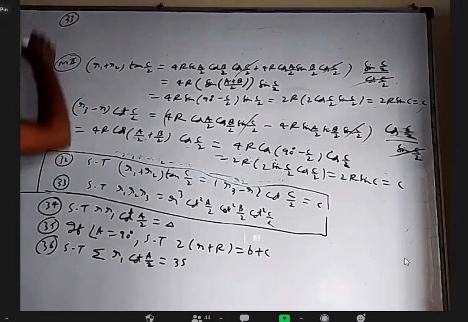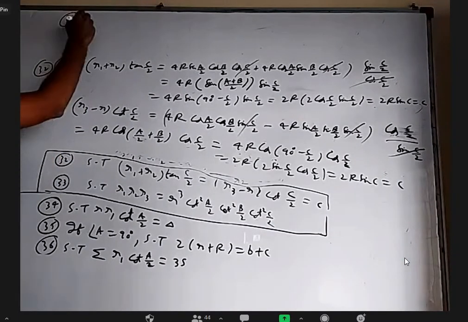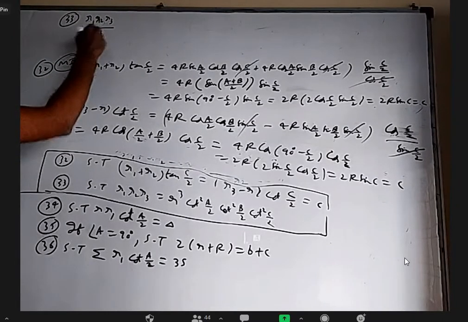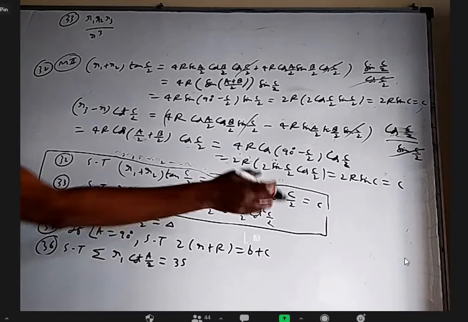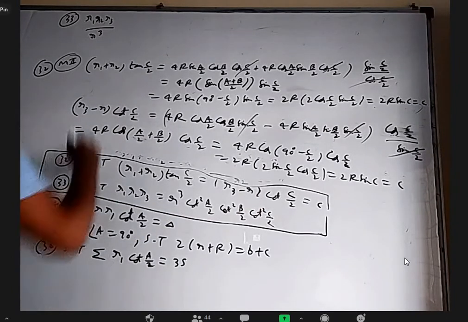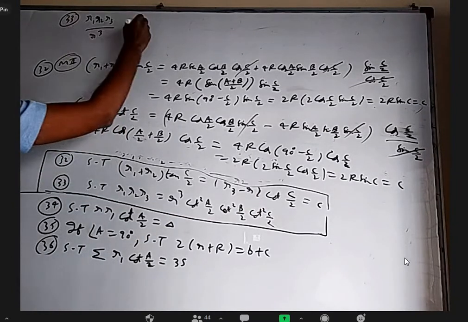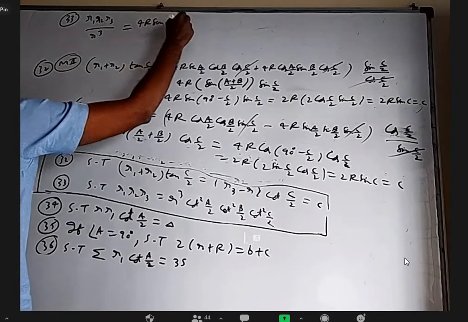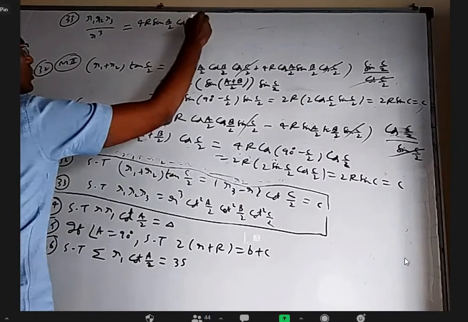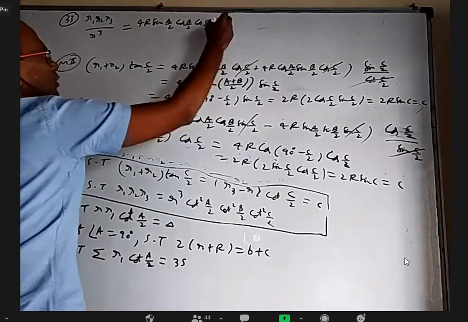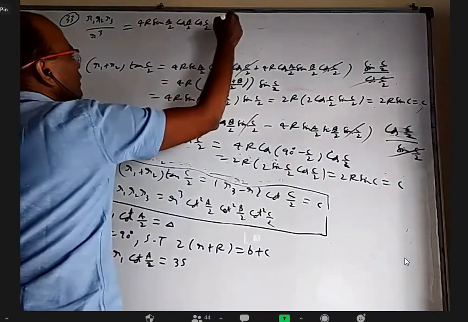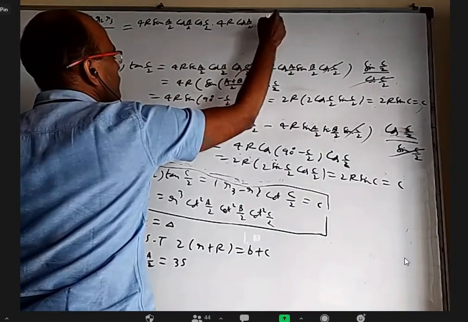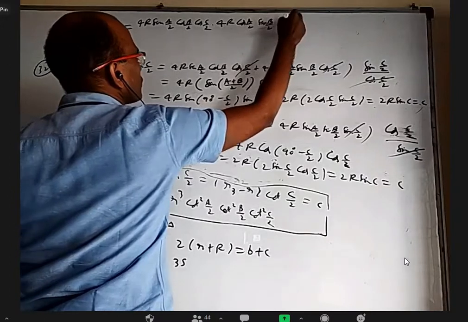Okay, 33. I can take it as R1, R2, R3 by R cube, and try to prove cot square A by 2, cot square B by 2, cot square C by 2. R1 is 4 capital R sine A by 2, cos B by 2, cos C by 2. R2 is 4 capital R cos A by 2, sine B by 2, cos C by 2.